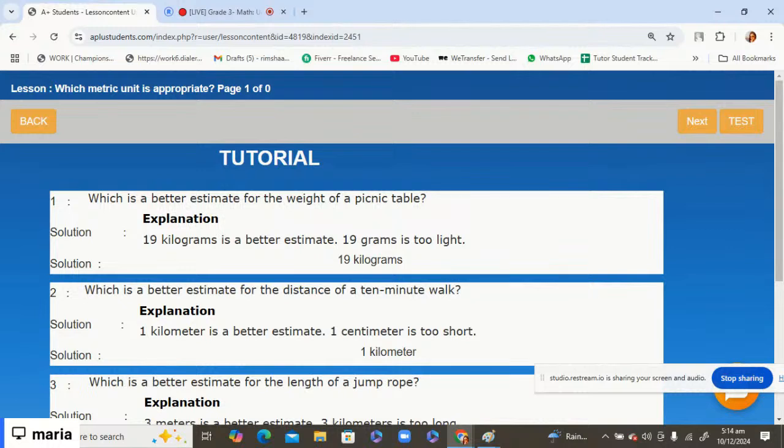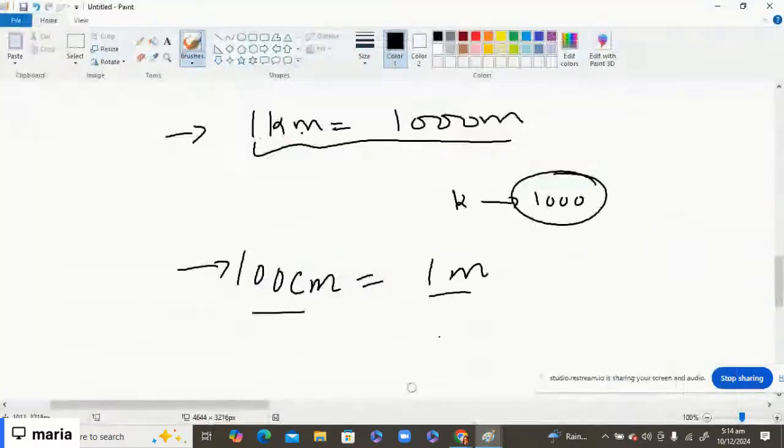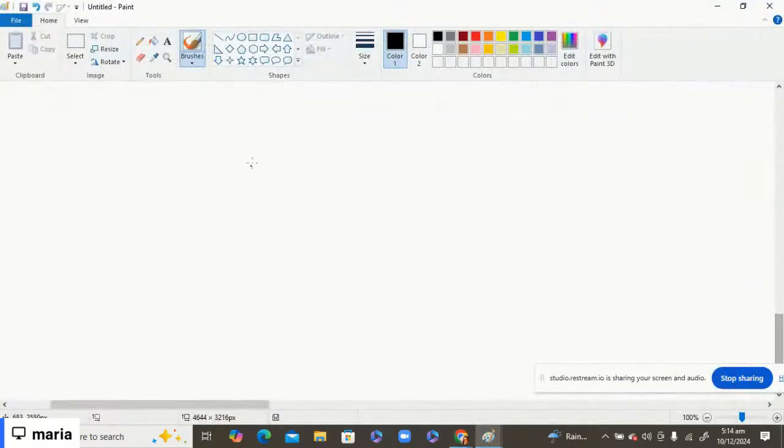All right, look here. What does it mean? It means that for heavy things, which unit are we using, and for the smaller things, which unit are we using. As we know, when we write it from here: millimeter, then centimeter, then meter, and then kilometer.